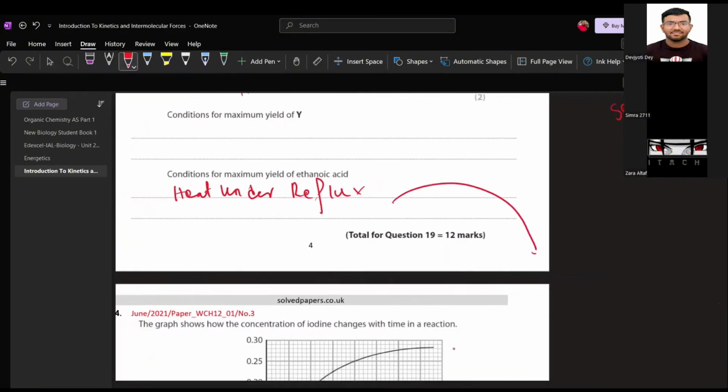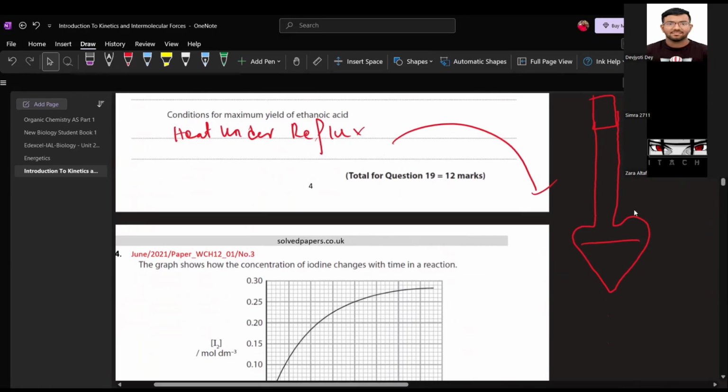In unit 3, basically, this is the round bottom pear-shaped flask, and here you have a Bunsen burner, which is heating up the mixture.